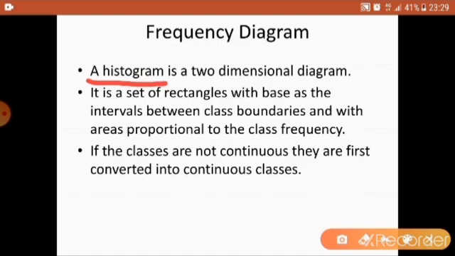Clear? In continuous variables there are two kinds of classes: equal classes and unequal classes. In the case of unequal classes, the classes will be converted into equal classes. That also we discussed in the previous session.